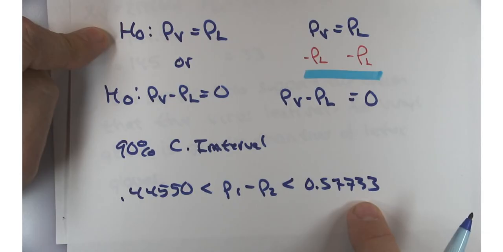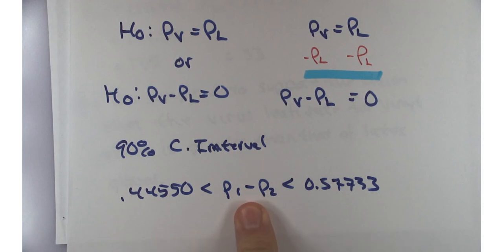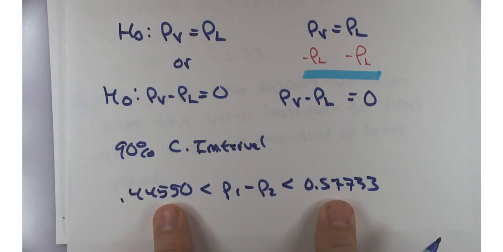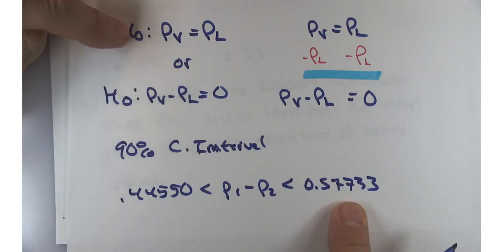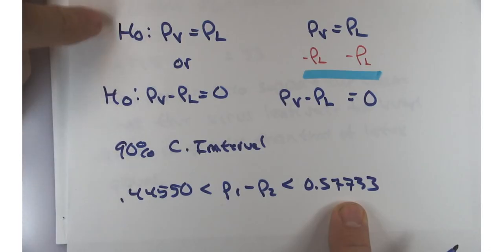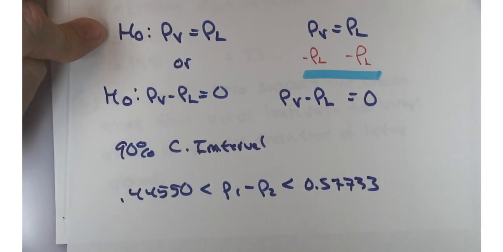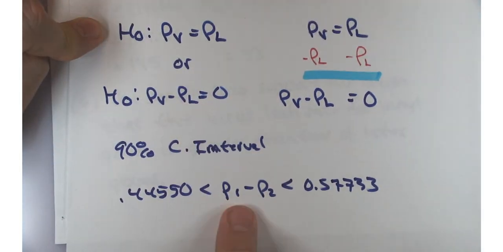The range doesn't contain 0. There you go, that's putting a nice fine point on it. This range doesn't contain 0. If it contains 0, then we would think this is true, which is the same thing as saying this is true. So our decision actually matched what we decided with the null hypothesis. We rejected this because 0 wasn't one of the possibilities.